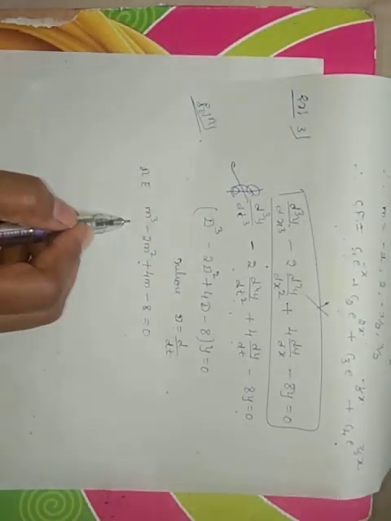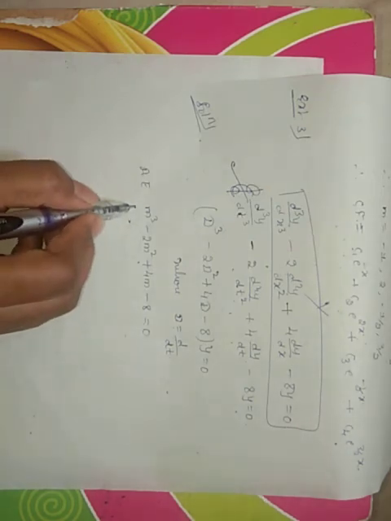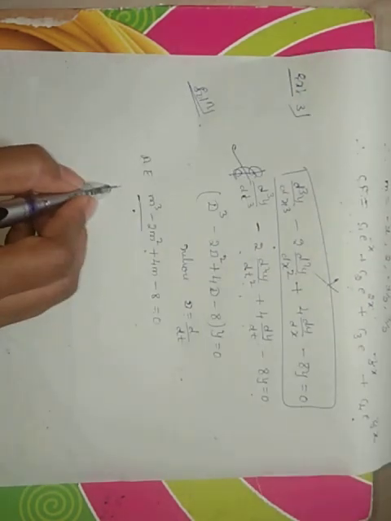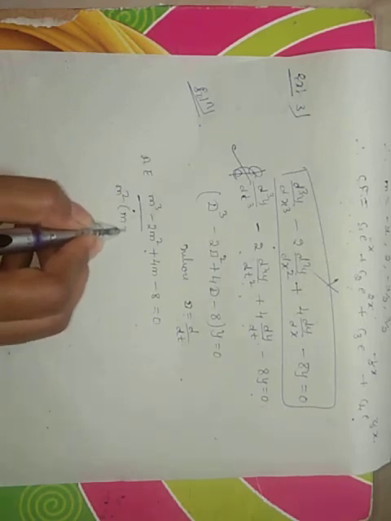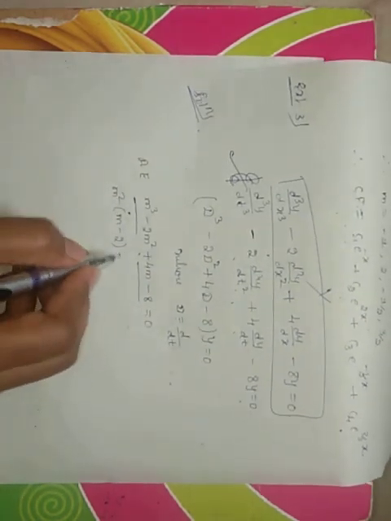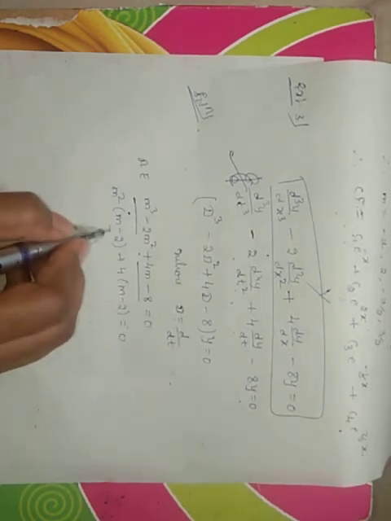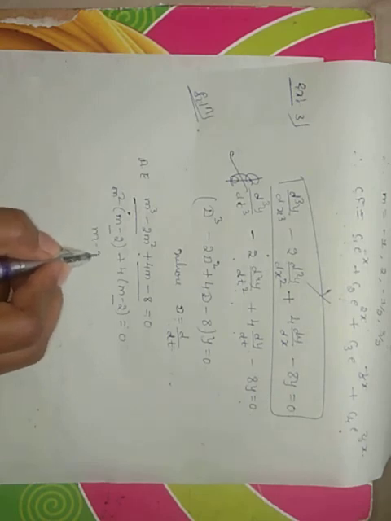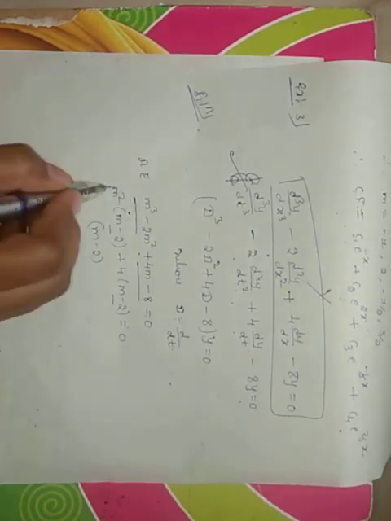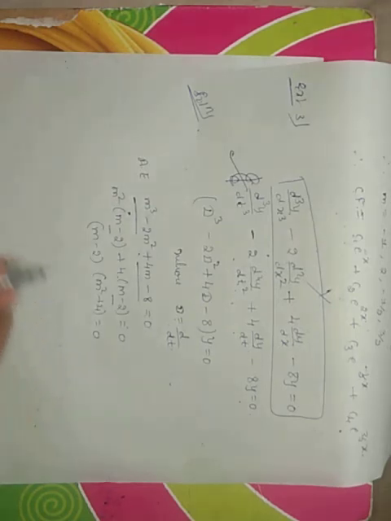So first I will go for the factorization. In these two terms, you can take m square common, then it becomes m minus 2. In these two, 4 is common, remaining is m minus 2. Take m minus 2 common. Then the remaining is m square plus 4 equal to 0.